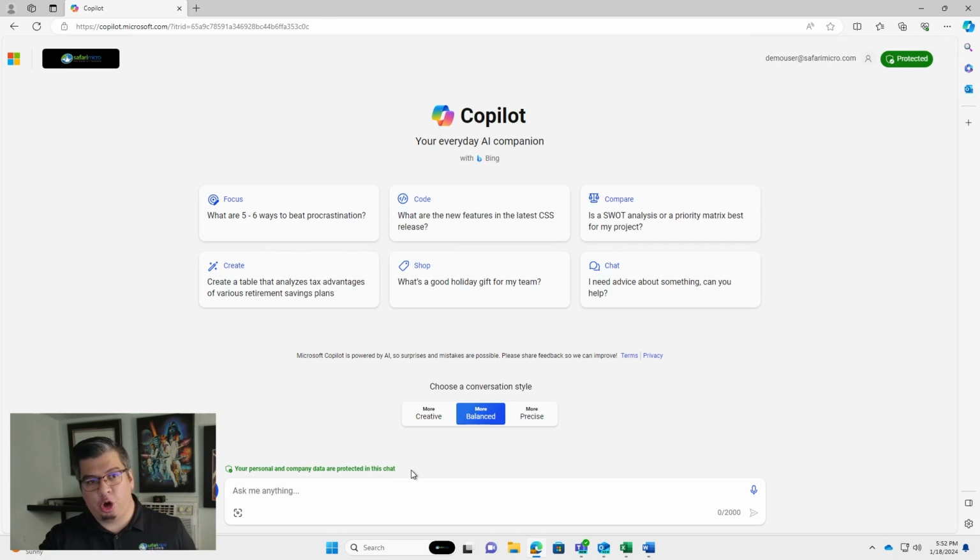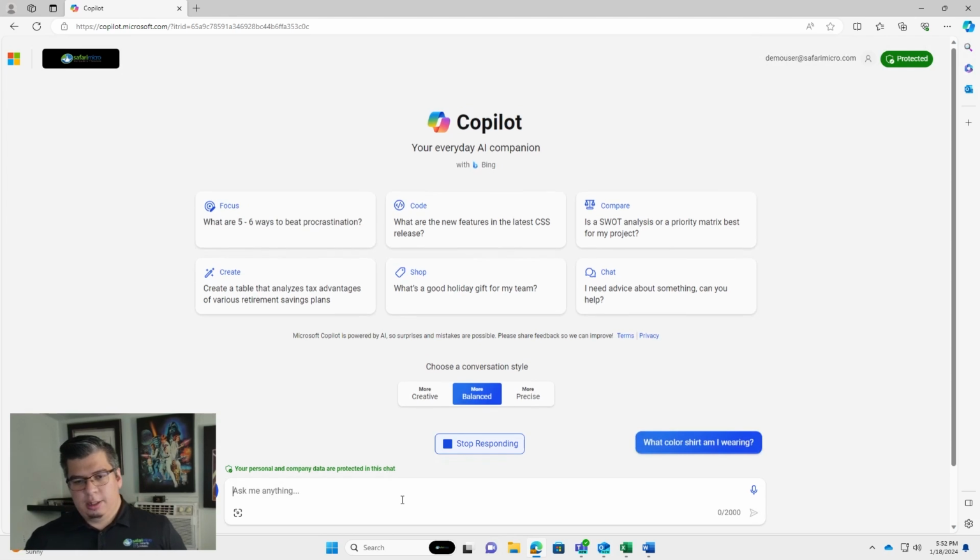You can use Copilot and have interactions without it using any of that information to train a language model. The conversation between your users and the Copilot is going to be encrypted. It's not going to remember any of those conversations. There is no conversational history, and I can kind of demonstrate that right here. If I bring up a prompt, I'm going to ask it a question: "What color shirt am I wearing?"